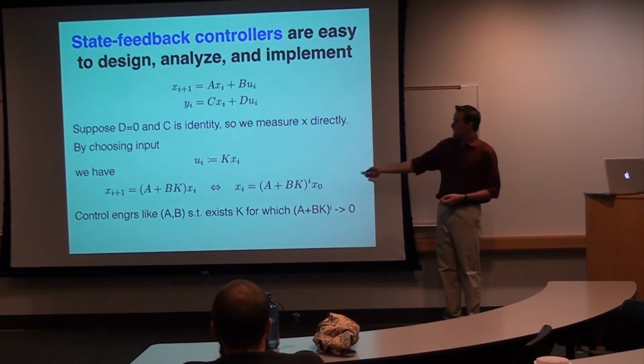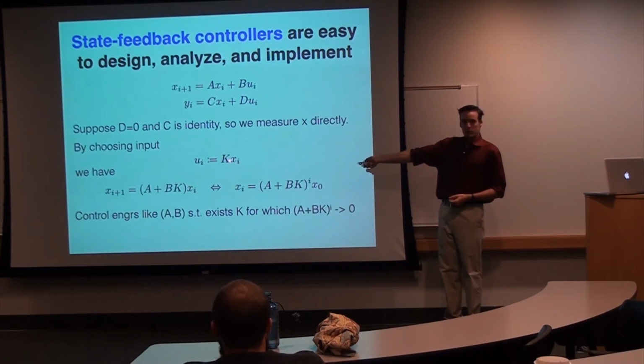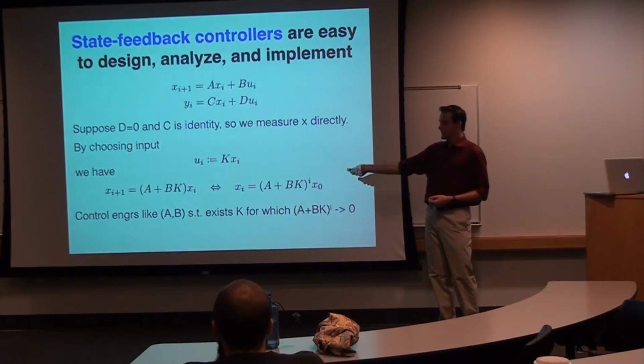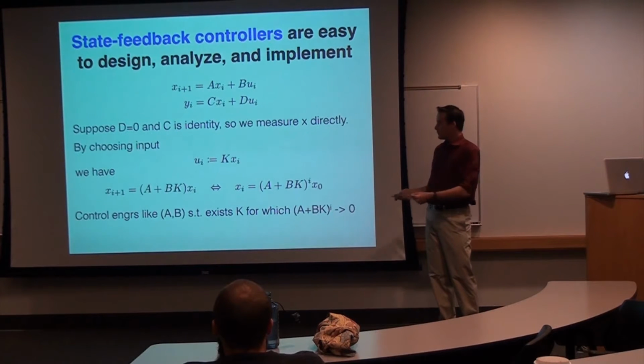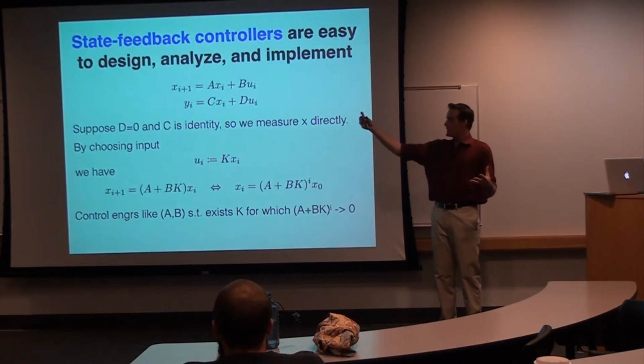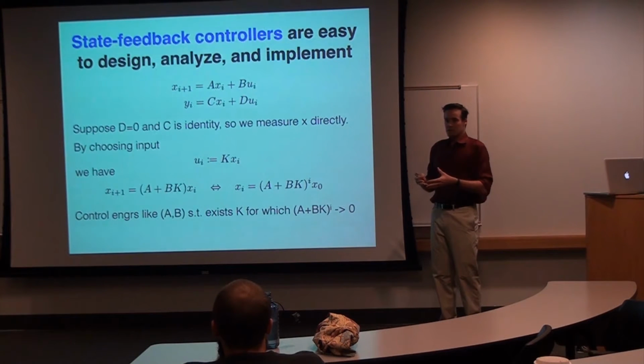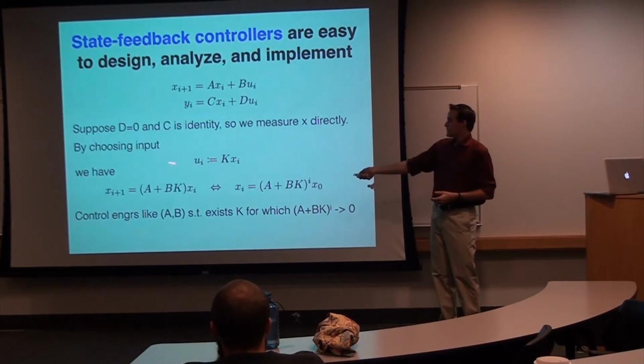With that, reading the state directly, in principle, you could pick a control law that's just Kx. This has intuitive appeal because if you're trying to drive the state to 0, then if the state's far away from 0, maybe you should apply a big input, and if the state is close to 0, you should maybe apply a small input. That's the intuition behind why this control law might make sense.